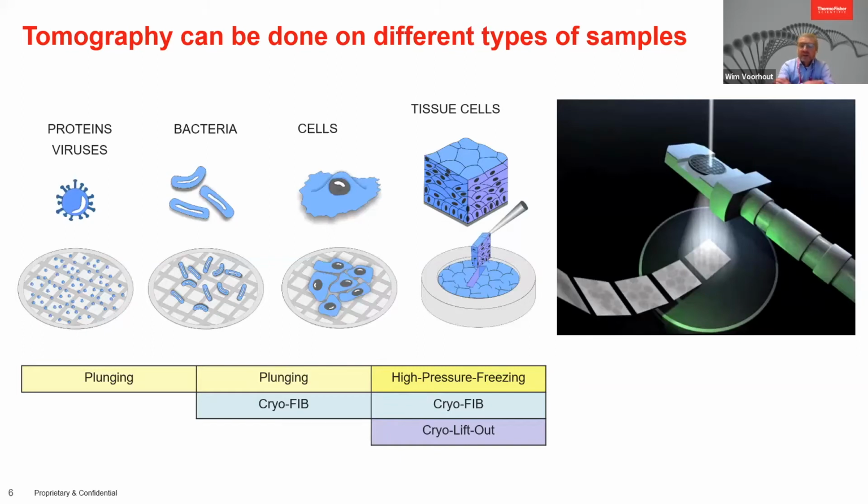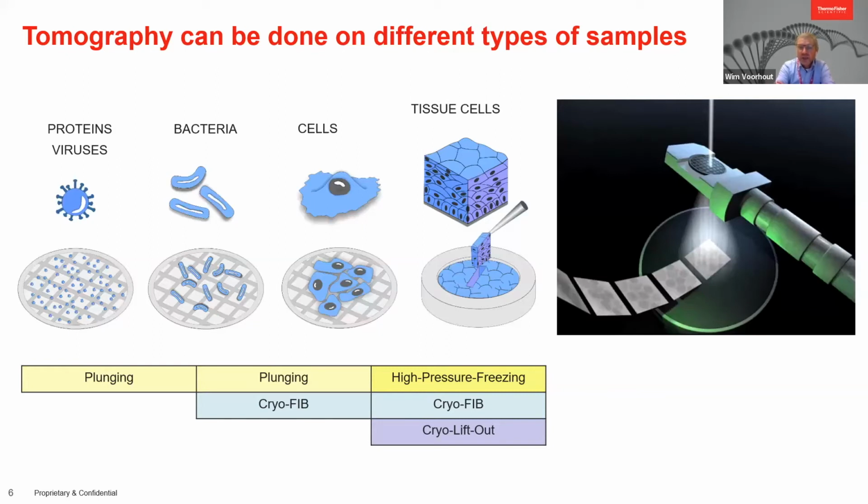But if we are interested in where proteins are located in cells or even in tissues, then these samples are far too thick to image directly in the electron microscope. So for these kinds of samples, let's say after vitrifying these cells, either by plunge freezing or by high pressure freezing, we have to thin those cells.